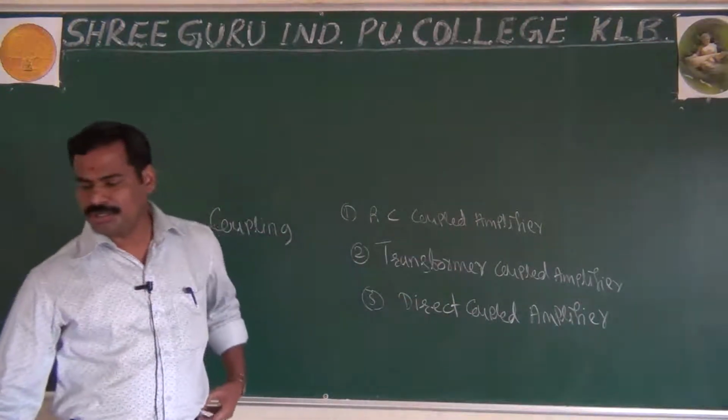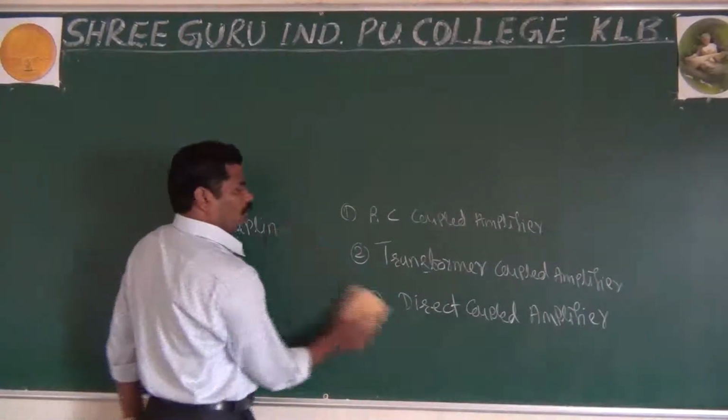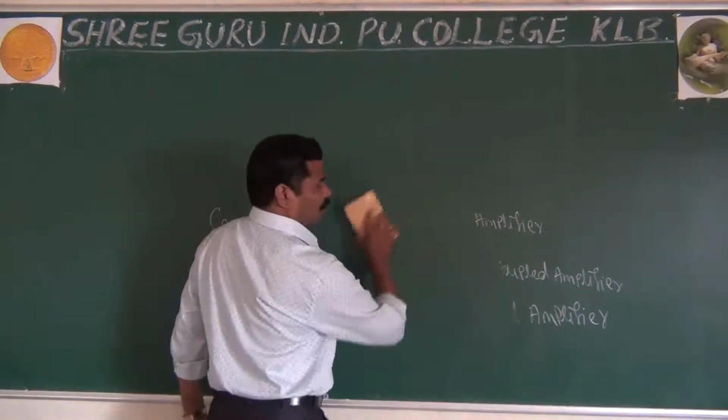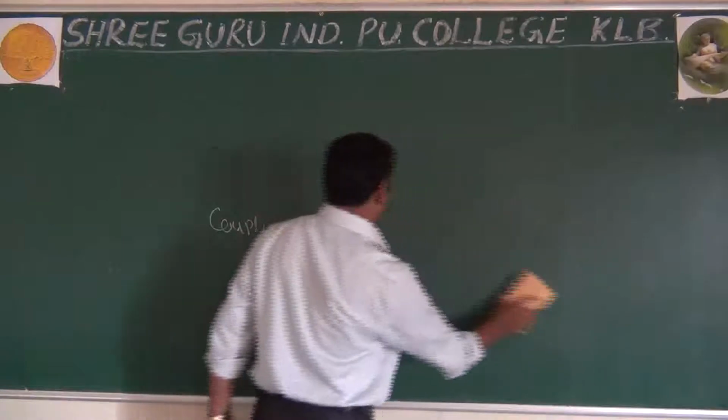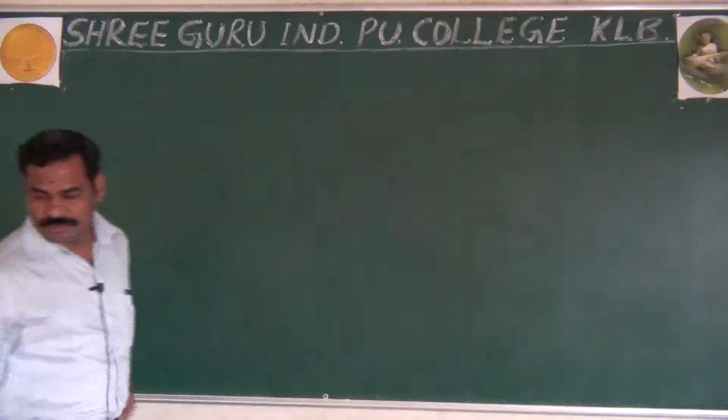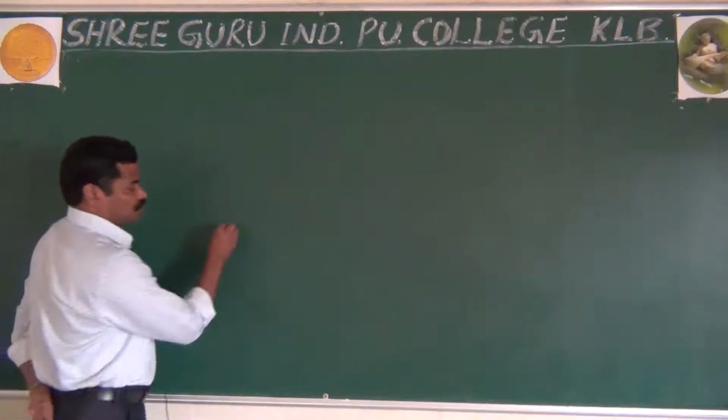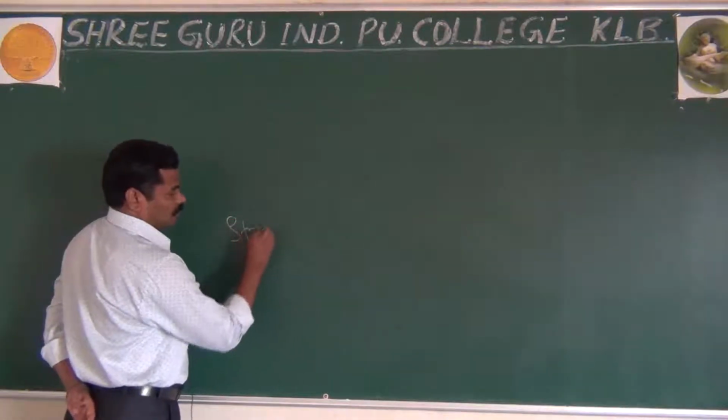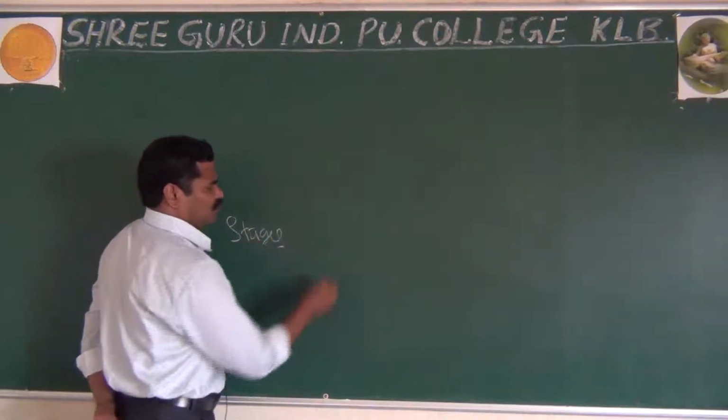And next we go for the stages. According to the stages, how can we classify the amplifiers? It is very simple, there are only two.